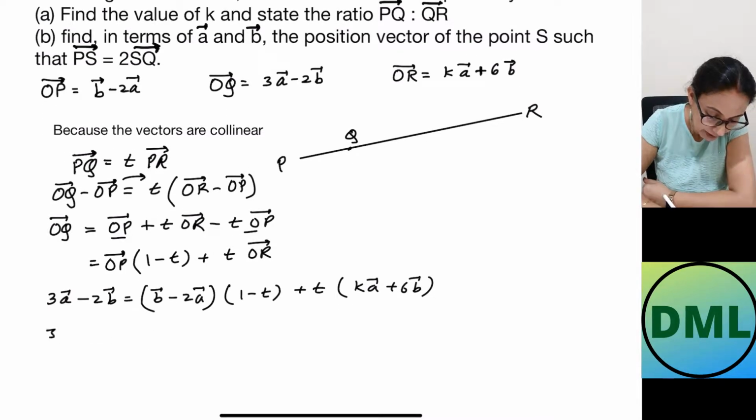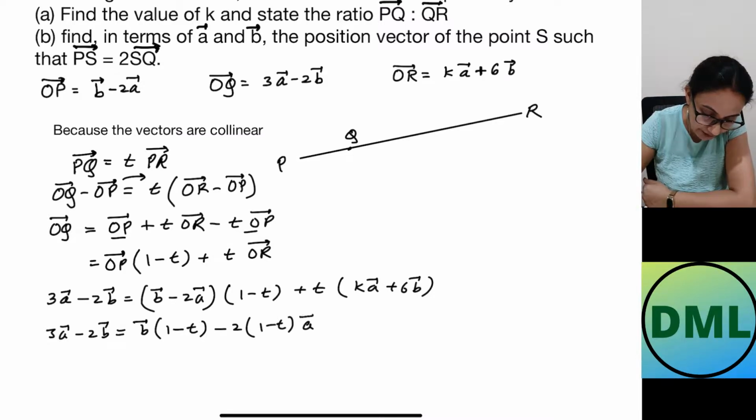Now 3A minus 2B is equal to, open the bracket here, vector B multiplied by 1 minus T, minus 2 times 1 minus T vector A, plus TKA vector, plus 6TB vector.